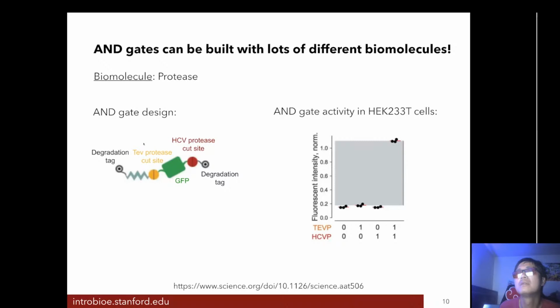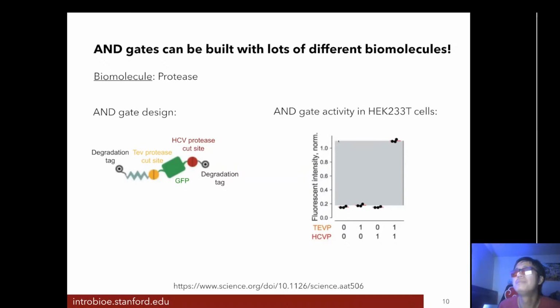So when you have both TEV protease and HCV protease expressed in your cell, you'll cut off both degradation tags and get a GFP signal.